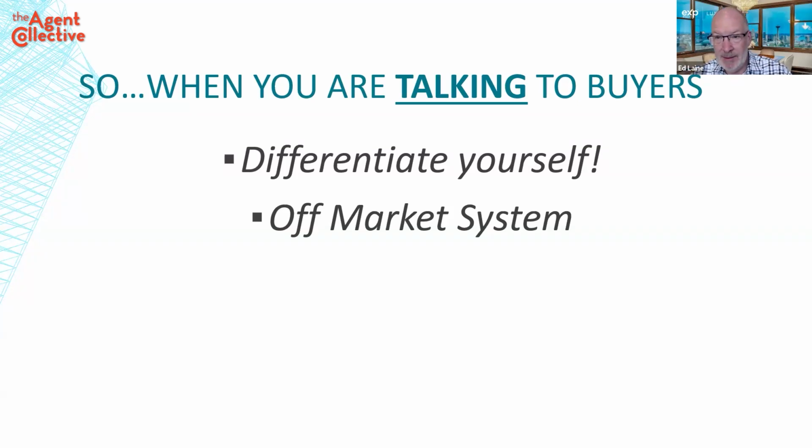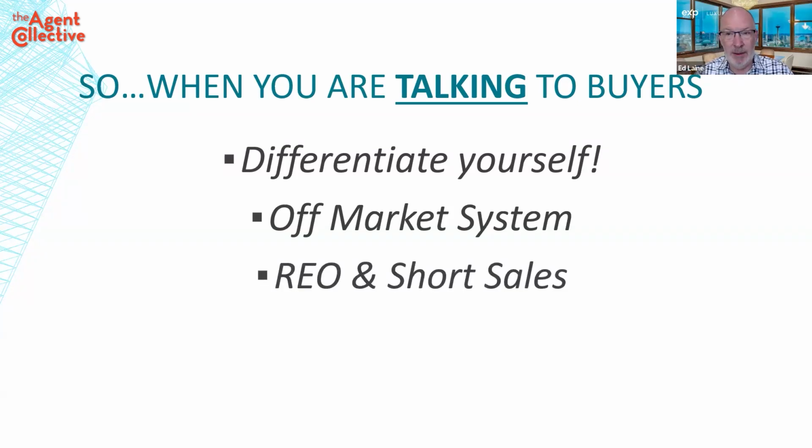On top of that, and this is where it may not apply to you, but it definitely applies to me, I have access to REO and short sale properties in a pre-market status. What do both of these bullet points kind of scream at you? A buyer doesn't have to compete. There's no multiple offer situations on off-market properties.